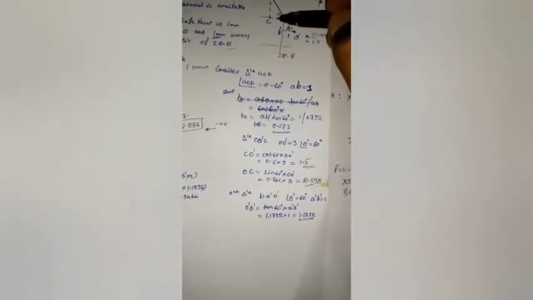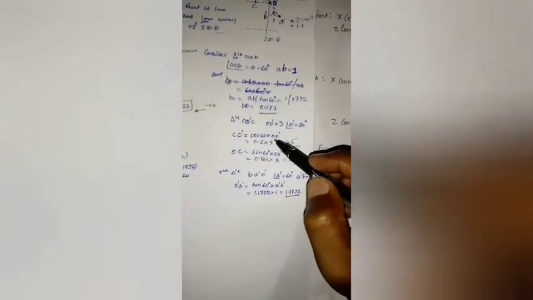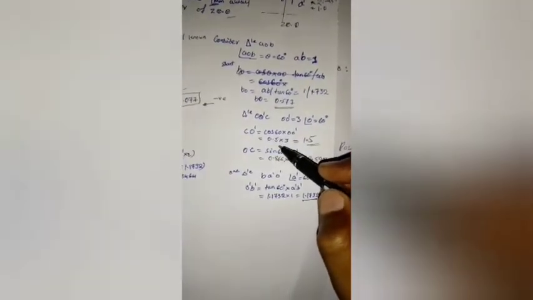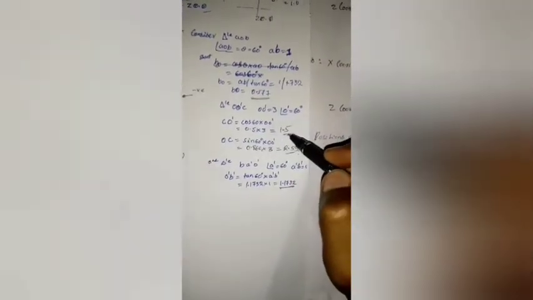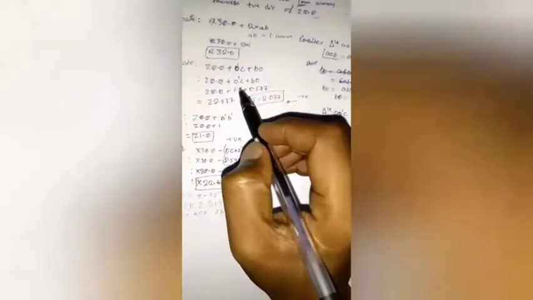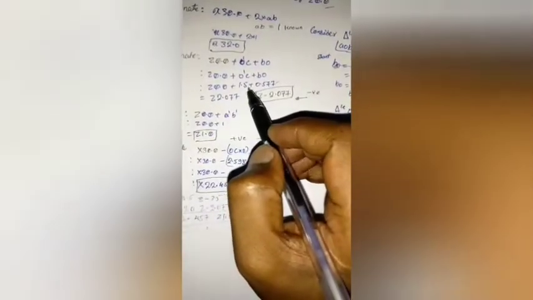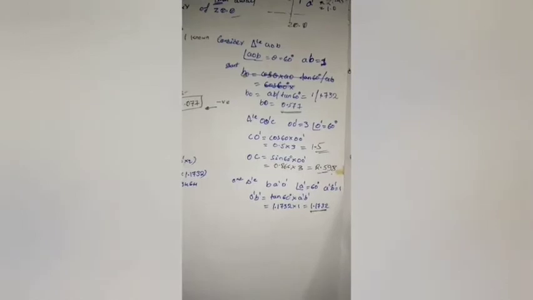This is the hypotenuse, this is theta, this is the adjacent side, and this is the opposite side. I need to find CO', the adjacent side. So CO' is equal to cos 60 multiplied by O'. Cos 60 is 0.5 multiplied by 3, which is 1.5. The same thing I'm going to put over here, plus BO. BO will be obtained from the upper triangle.